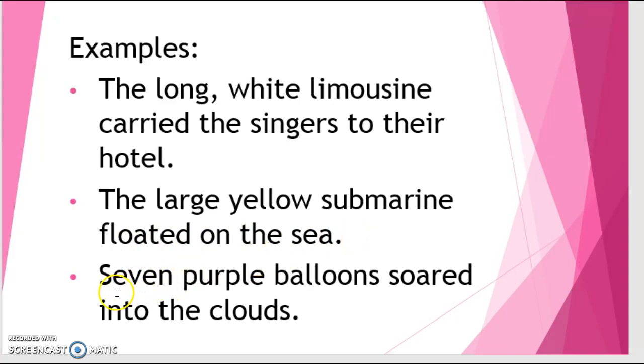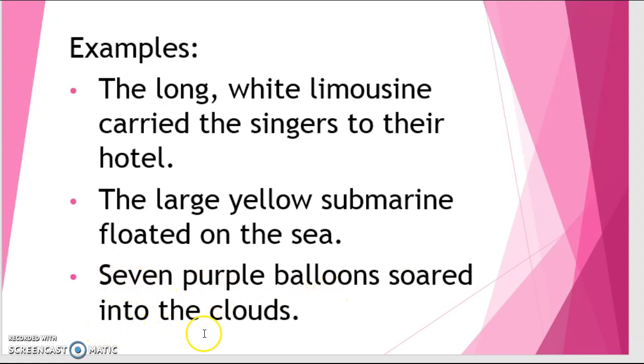Third one here says 7 purple balloons soared into the clouds. So soared is going to be our verb. We have a size and a color again. So balloons is going to be our subject. That's our main subject. And then our complete subject would be 7 purple balloons.